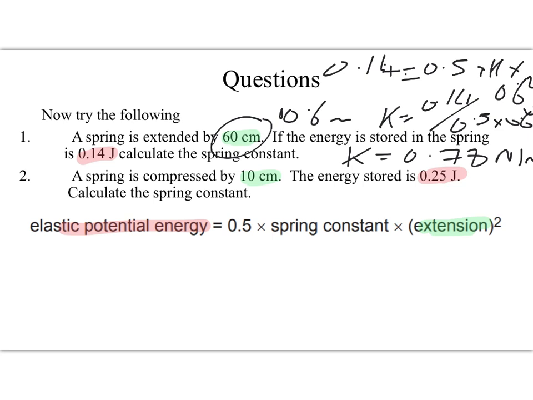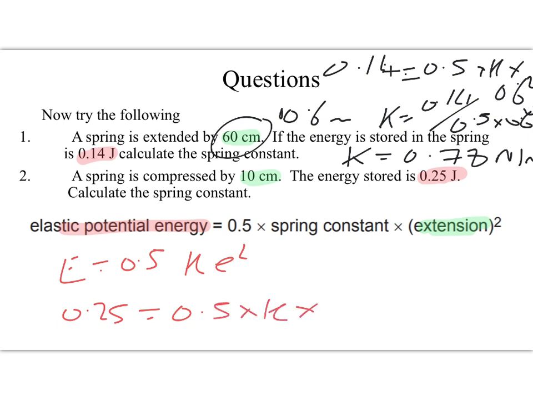With question 2, I'm going to do that down here. So I'm going to get my E equals 0.5 KE squared. I'm just going to put the numbers in again. So I get 0.25 equals 0.5 times K times my E squared, 10, which is going to be 0.1, isn't it? 0.1 meters.